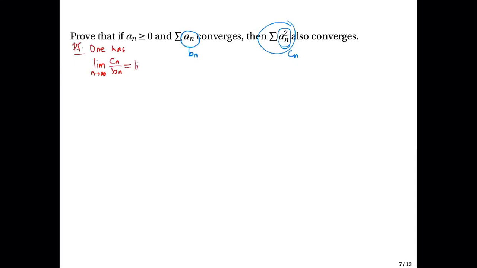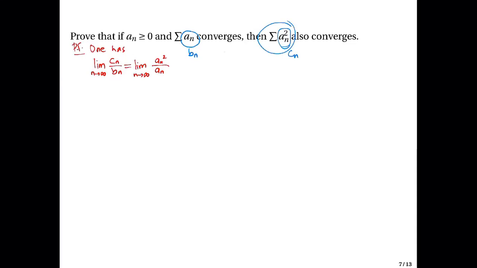This is equal to the limit as n approaches infinity of the Cn, which is what we want to prove convergent or divergent, that's your an squared, over Bn, which we compare it to, that's your an.